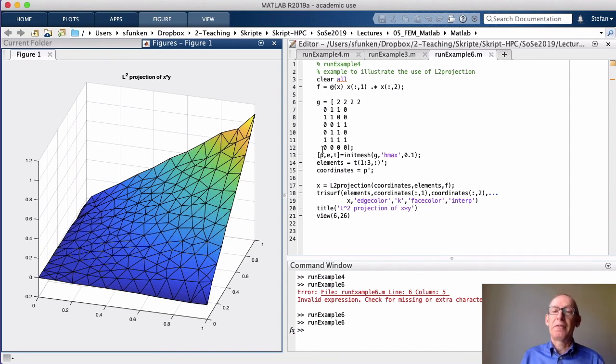The first reason is that we start with a linear function. So in each triangle it's a plus bx plus cy, but the given function is x times y, so we cannot represent it with our ansatz space.